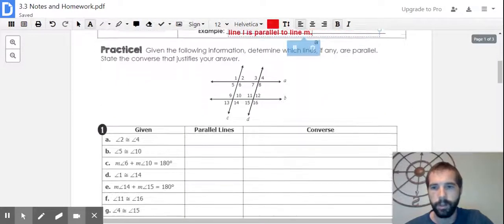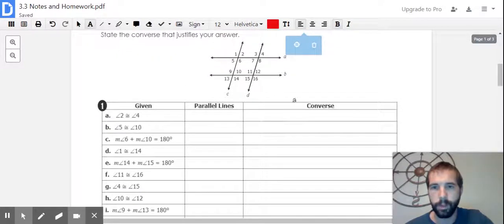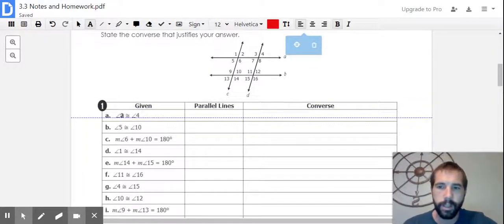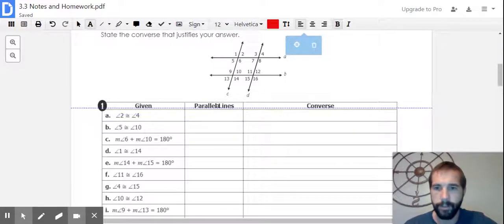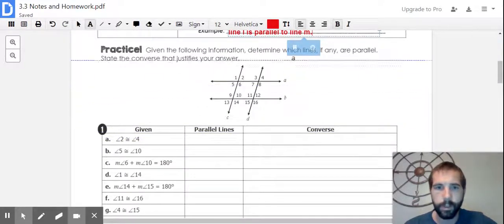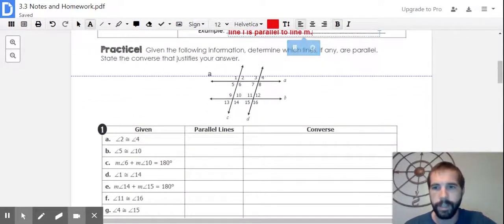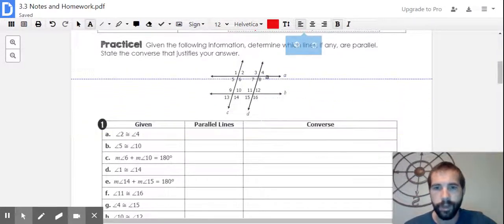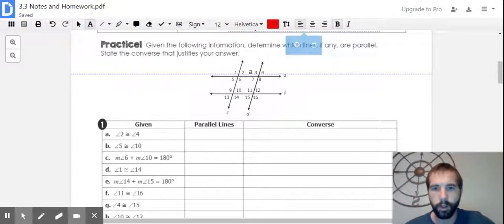Okay, so now let's go down below. And on this example, we're going to be looking at this picture. As you can see, there's 4 different transversals. And what we're going to do is we're going to see with the given information, does that prove that the lines are parallel? So determine which lines, if any, are parallel, and then state the converse that we can use. So what if angle 2 and 4 are congruent to each other?